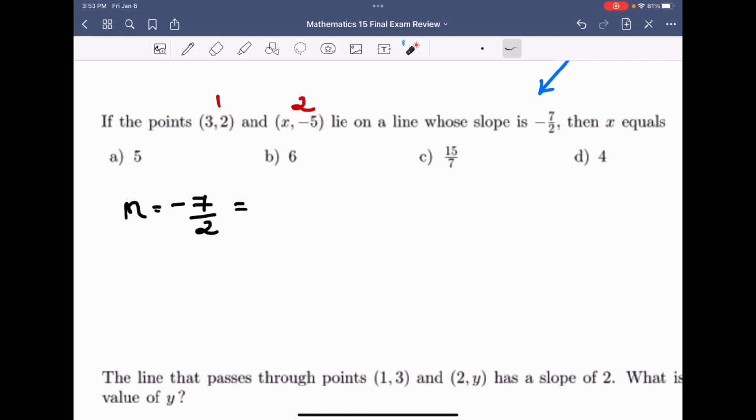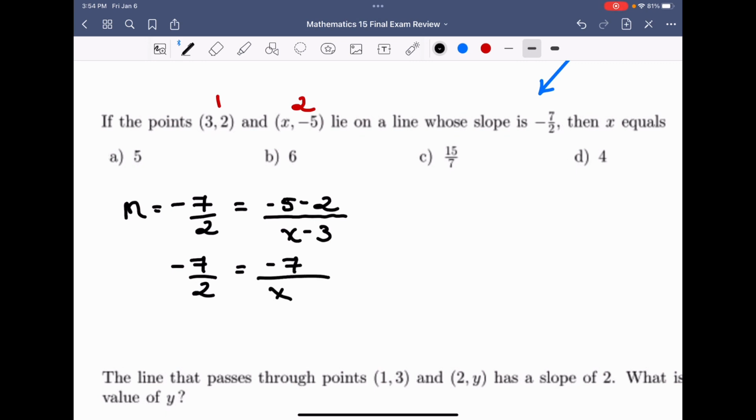So it's going to be -5 minus 2 divided by, now we look at our x's. x2 is equal to x minus x1, which is equal to 3. So we go x minus 3. Now, the nice part about this is we can combine our numerator terms. -5 minus 2 is -7 all over x minus 3. And now, to get these out of the denominator, we're just going to cross multiply.